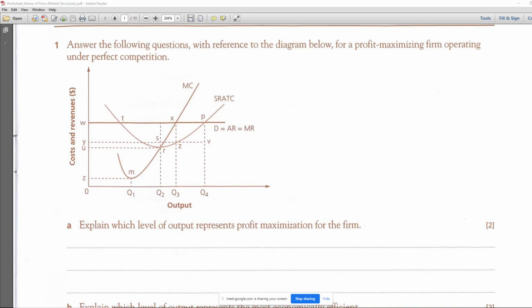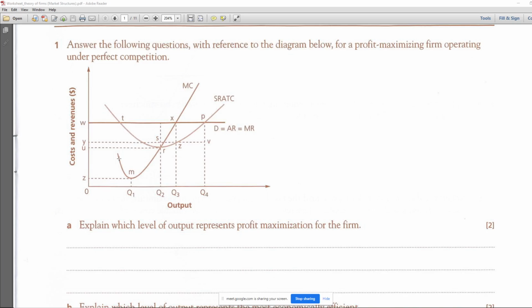Can anyone tell me once again the profit maximizing equation? Yeah, MC equals MR, right? So this is how we can find the profit maximizing output. See here, this is your MC curve, and you have your MR curve.